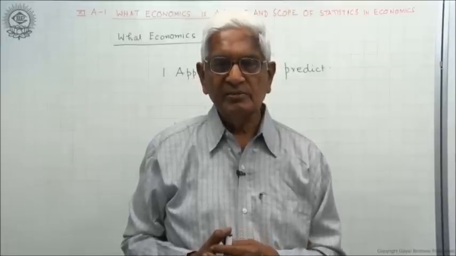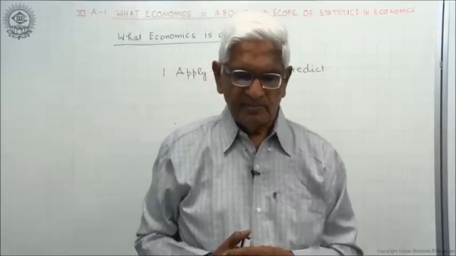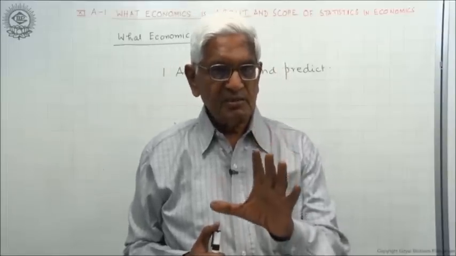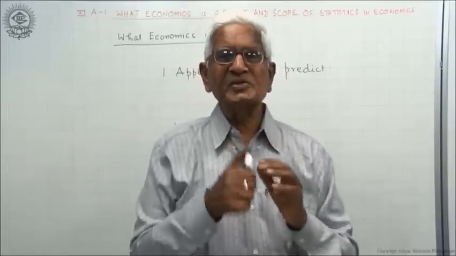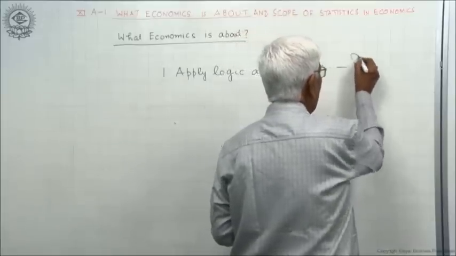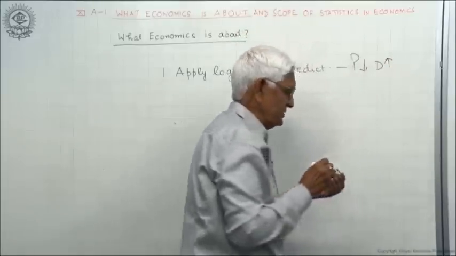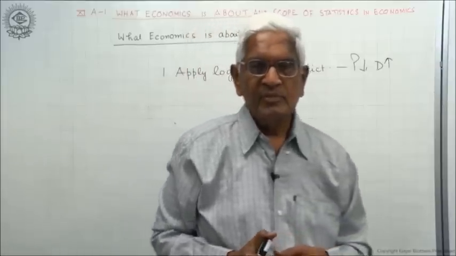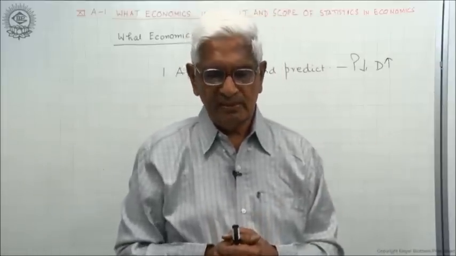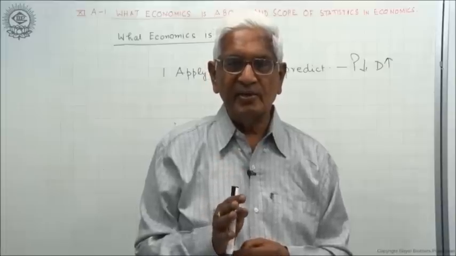Change the logic, change the basis, prediction changes. On this basis, suppose they predict that when price falls, demand rises. They predict an inverse relation between the two. Remember, we have not yet made a theory of it.